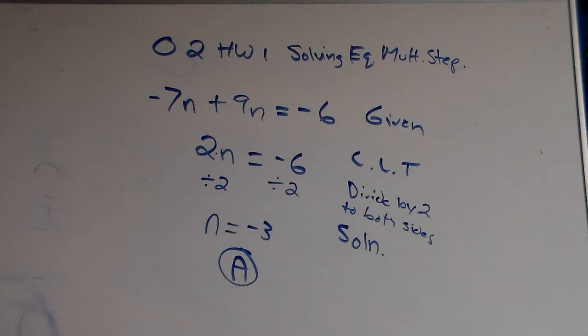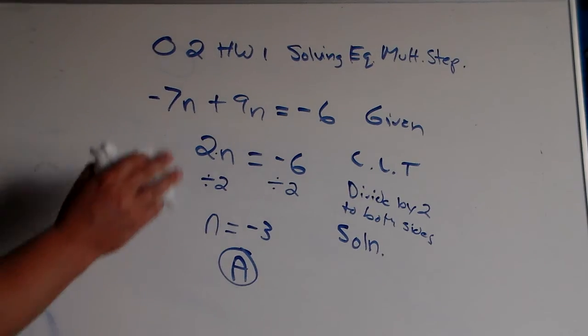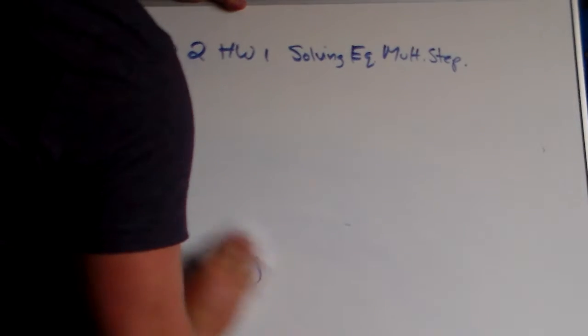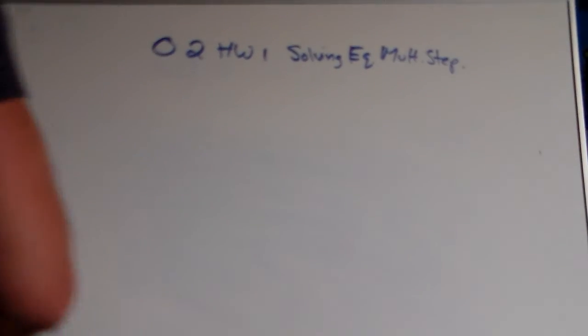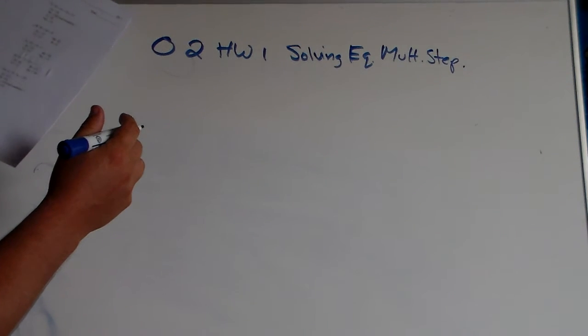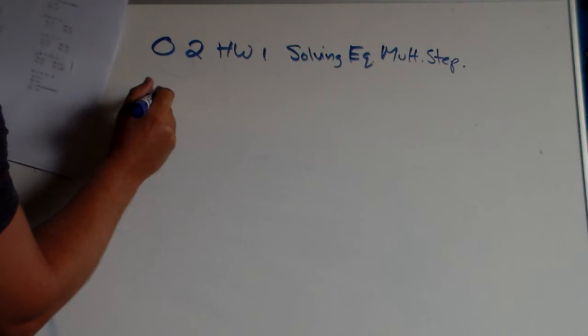Next up, we'll do problem number 4. Problem 4 says 9v plus 6v equals 0.